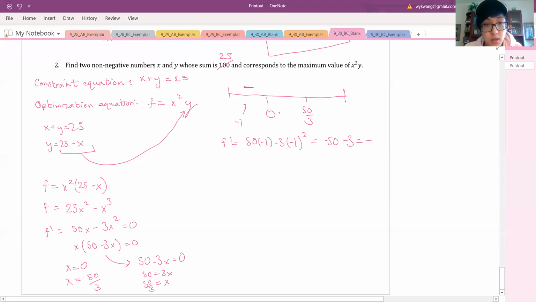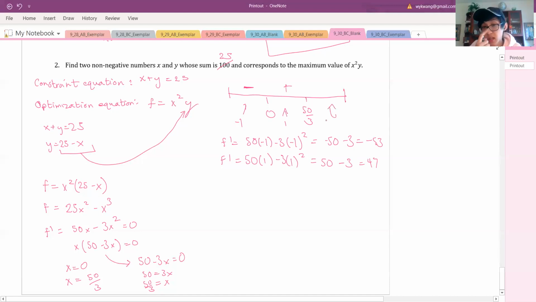So let's plug in 1 for this interval. f prime is equal to 50 times 1 minus 3 times 1 squared, which is 50 minus 3. That's going to be equal to 47. The other one was equal to -53, sorry. And 47 is positive. Cool. Now let's plug in a number over here.